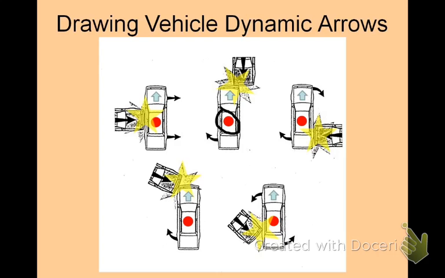The yellow star is the point of impact. The blue arrow is the direction of the car before impact. And then the black arrow is the direction of rotation post-impact. So that's what we're looking at there.